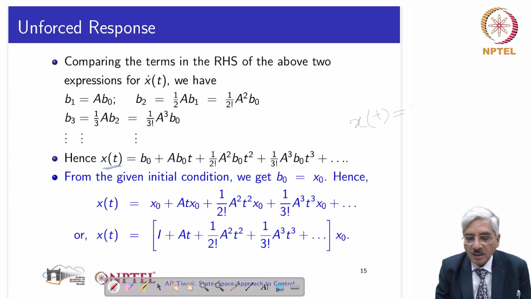This is given. So once we put that x0 here, and on the right hand side t is 0, so this term becomes 0, this term becomes 0, this term becomes 0. So we get b0 equal to x0.